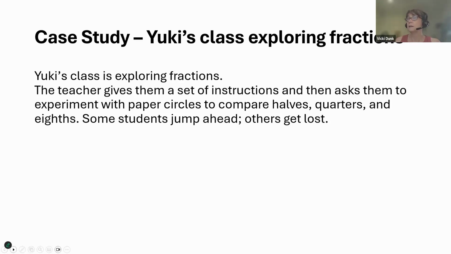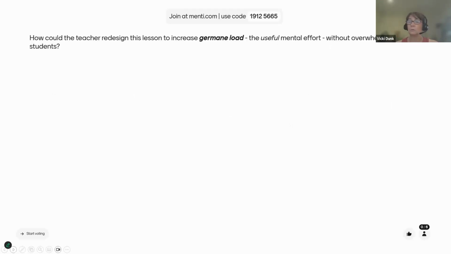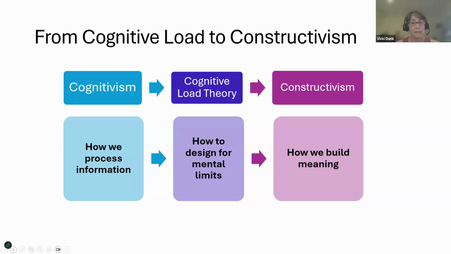Okay, I'm going to go past that. All right, so hopefully I've made a nice learning journey where you can see a path I've laid down from cognitivism, which is how we process the information. So this is about moving things from working memory to long-term memory.